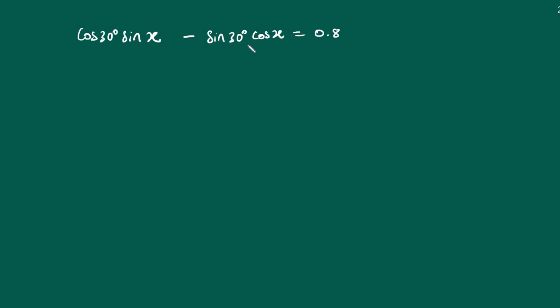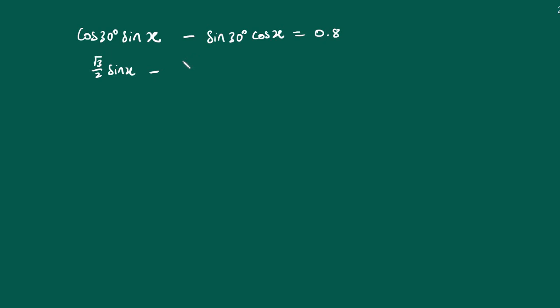This is a compound angle, right? And since it's already a compound angle that has 30 degrees, it's a special angle. So what is cos 30? I think it should be root 3 over 2, and then you have sine x.